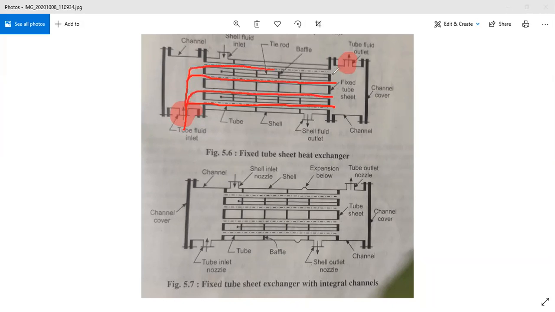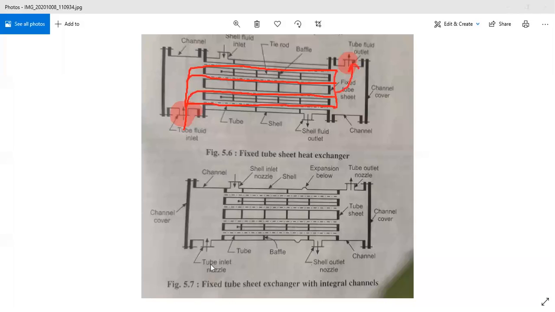Through these number of tubes which are available in the shell and tube heat exchanger assembly, this fluid is going to pass and then it is going to pass outside the assembly. So the main part is the nozzle arrangement for inlet and outlet of the tube side fluid.